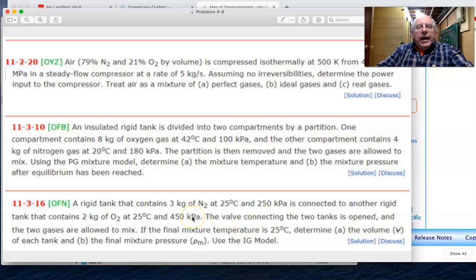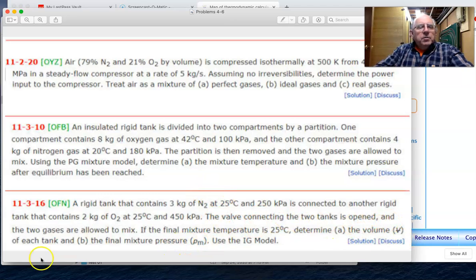We know the mass and we know the thermodynamic conditions, and so we don't know the specific volume, but we would be able to determine it. And so we're going to look to see what the volume of each of the tanks is, and then what the final mixture pressure is.